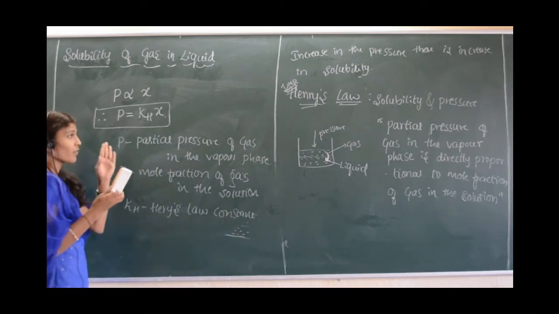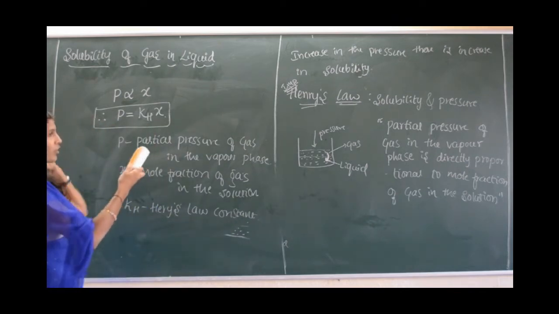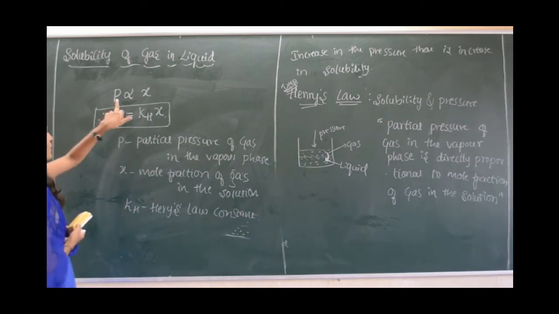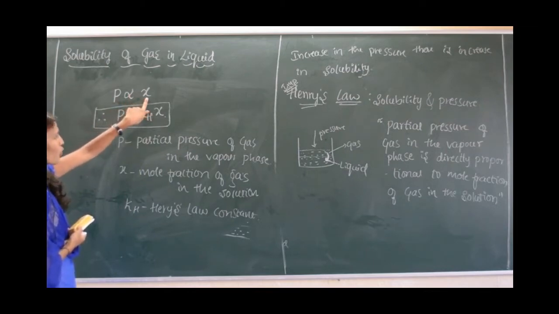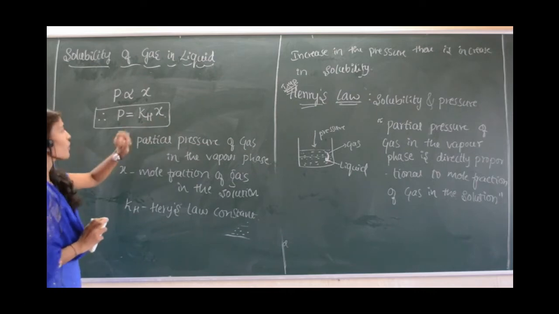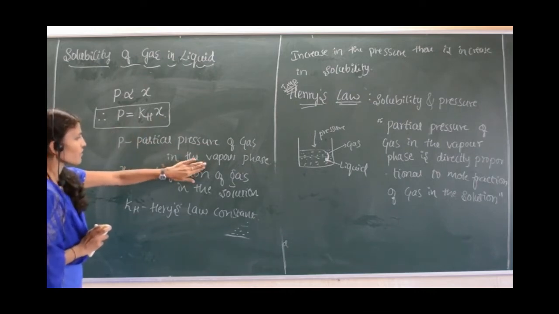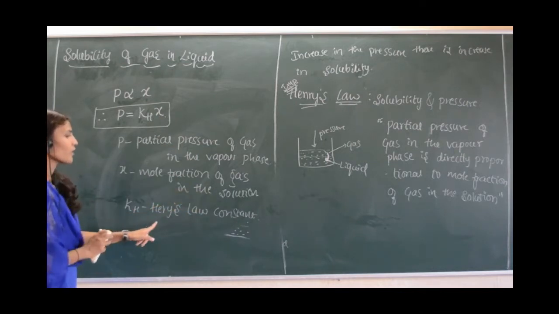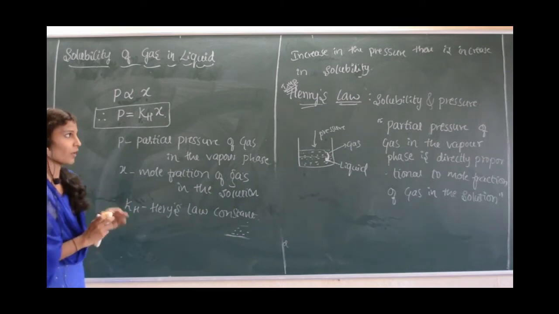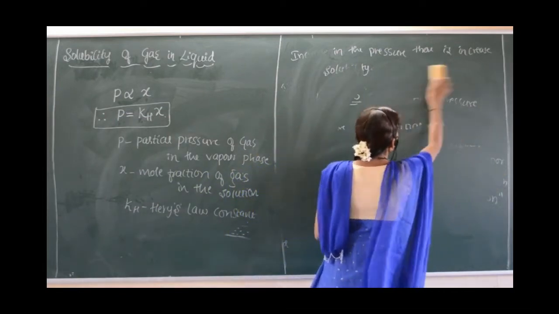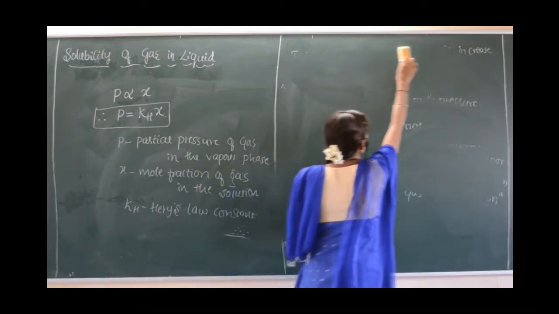Statement and mathematical expression both are very important. The statement itself I have explained just now, and this is the mathematical representation of Henry's law. The partial pressure is directly proportional to the mole fraction, and this proportionality constant is replaced by one more constant Kh. P is equal to Kh into X, where P is the partial pressure of the gas in the vapor phase and X is the mole fraction of the gas in the solution, and Kh is the Henry's law constant. If we go for the graphical representation of this concept, you are going to get a graph like this.